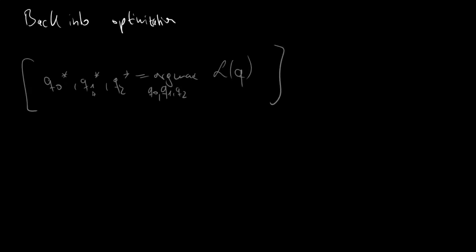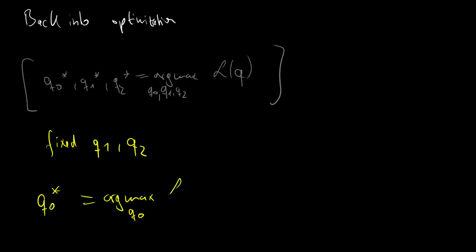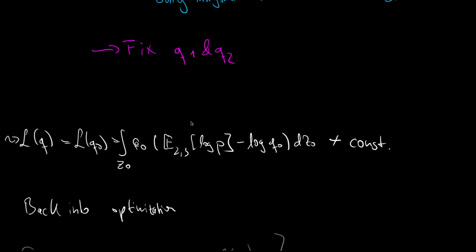So in our case now, since we fixed Q1 and Q2 for the moment, then we have that Q0 star is the arg max over all possible Q0s of the ELBO over Q0, which in our case was just the functional that we have here.